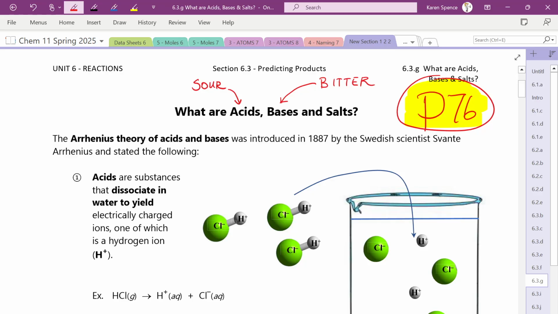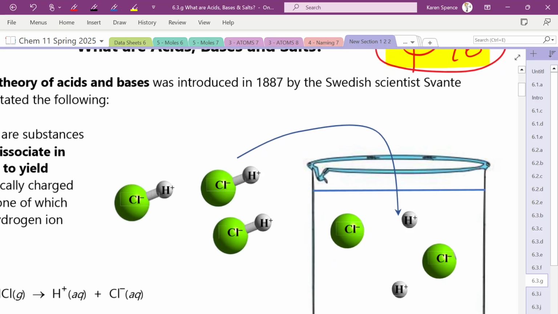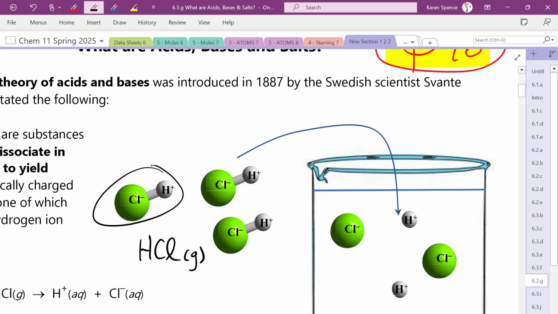But the reason an acid tastes sour is because when it dissolves in water, we take our HCl, which is a gas. Do you see how they're little molecules? Molecule, molecule.